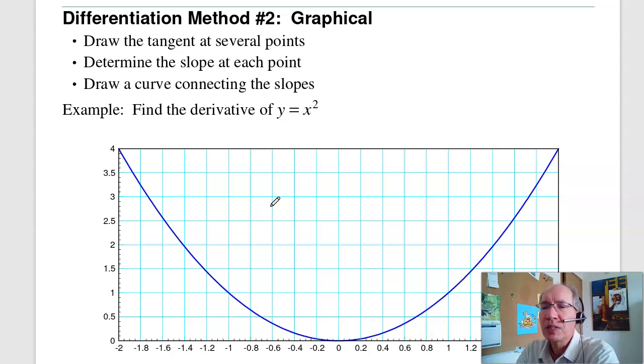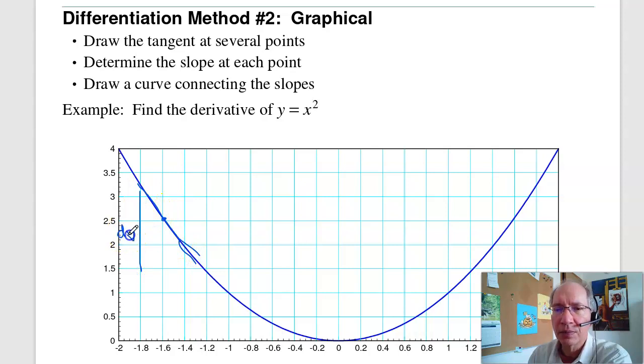So suppose I have this function right here, y equals x squared. Find the derivative of y equals x squared. And to do that using graphical methods, I'm going to pick a couple points, like right here. If I pick this point, draw the tangent to that curve, and then the derivative is change in y over change in x.